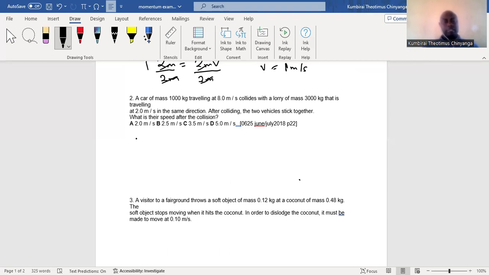And you are quite right that the applicable equation is the same as the one that we used in the first problem, because the objects stick together or coalesce. So then we go on to substitute.